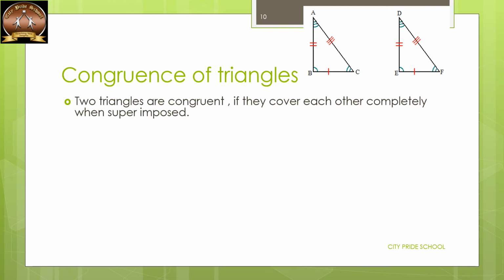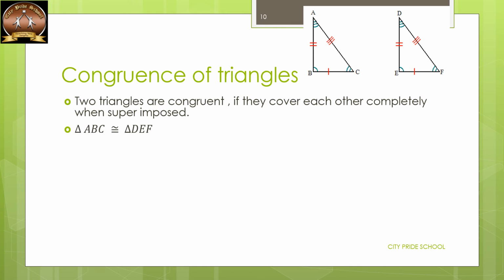Suppose if I cut this triangle ABC and place it on triangle DEF, it will exactly overlap each other. So I can say that two triangles are congruent if they cover each other completely when superimposed.